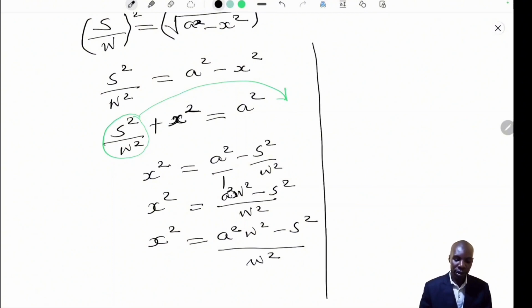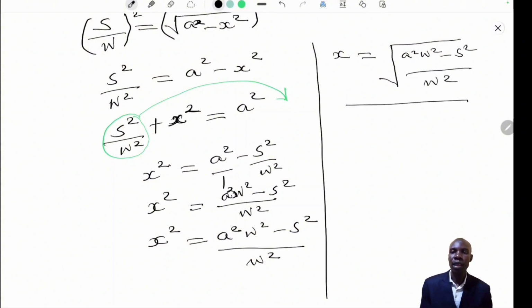So x alone is going to be the square root of a squared w squared minus s squared over w squared. And that is the formula for x. We've made x the subject of that formula.